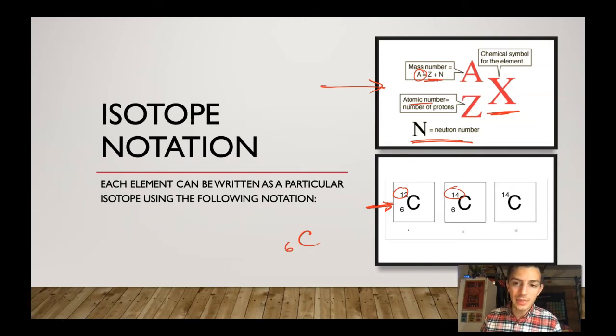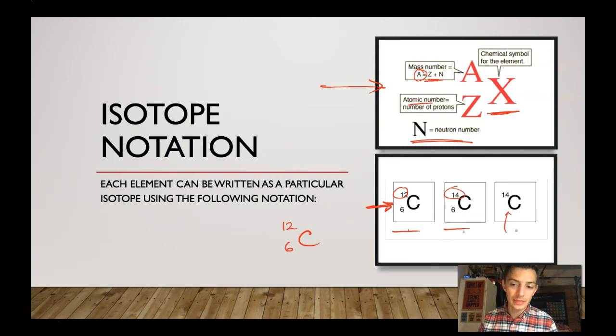The mass number, represented by A, would be Z plus N. If I had 6 neutrons, 6 plus 6 would be 12. So carbon 12 is represented here. Carbon 14 is represented here, and also carbon 14 is represented there as well.